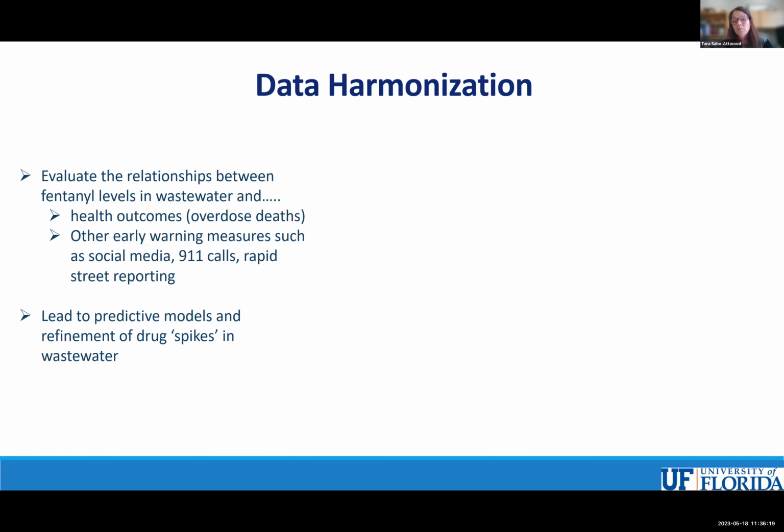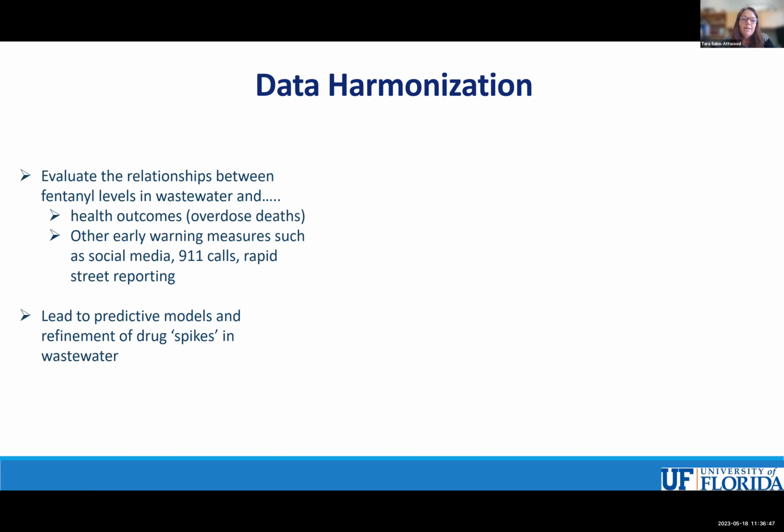In the case of fentanyl, we're looking at overdose deaths because that is the severe outcome that we're primarily concerned with. But we're also interested in looking at it in the context of other early warning measures, such as social media chatter. So we've been doing a lot of work through Induce on looking at Reddit to try to get a handle on new drugs as they emerge, 911 calls, rapid street reporting, and so forth.